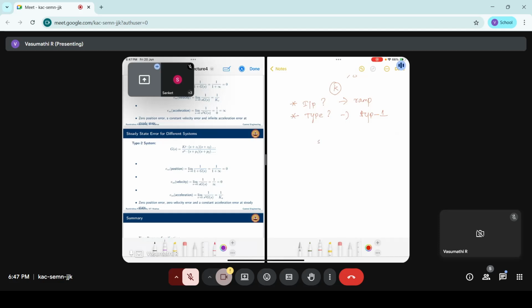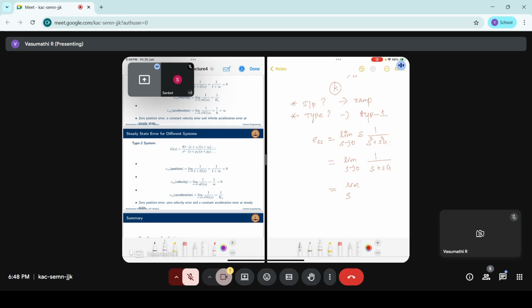First of all, e of ss will be limit s tends to 0, s into 1 by, when it is a ramp, it will be s plus s into G. So this here will get cancelled. For ramp, it is s square. Oh, okay, sorry. So this will be limit s tends to 0, 1 by s plus sG will be left with it. When s equal to 0, this will go to 0.